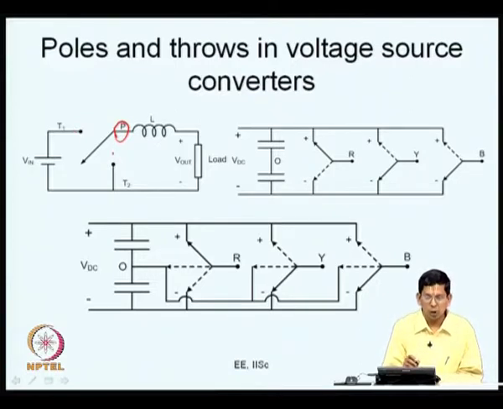What would be the average voltage at the pole? It would be some weighted average of the voltage at throw T1 and the voltage at throw T2. So, the average pole voltage will be some value in between the voltages at T1 and T2, which is incidentally VDC and 0, or V in and 0. Now, similarly, you take this pole voltage.